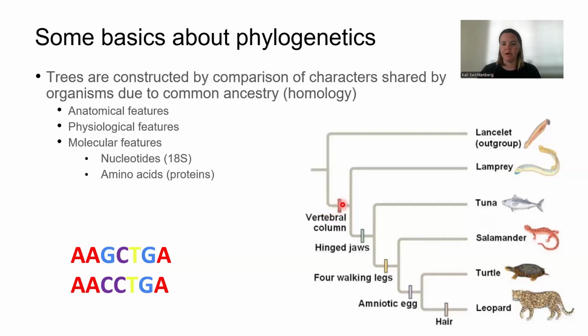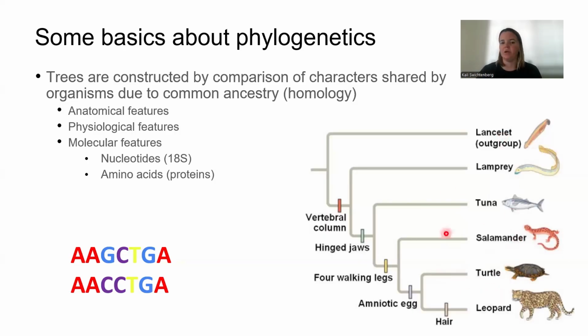So, for example, we have the gain of the vertebral column here, which means that right before this node, and after this, all of the organisms have a vertebral column, and anybody that's not included with that character is going to be outside of that group. So lancelets, which do not have vertebral columns, are going to be outside of this group, and then everything else is going to be vertebrates.